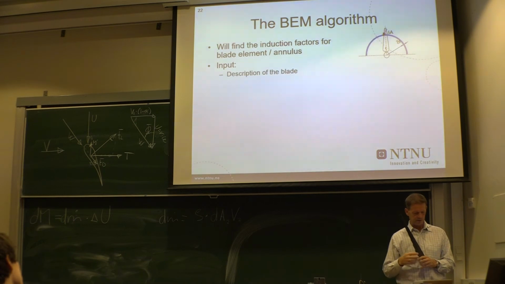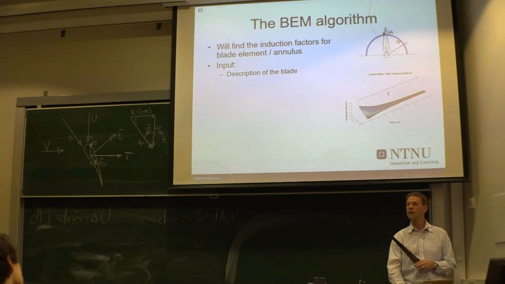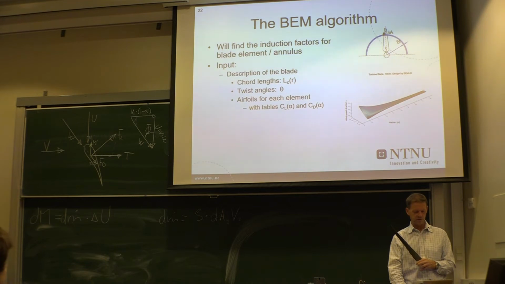The input factors are the description of the blade, and you already have a description of the blade from the first exercise. You have the chord length, you have the twist angles at different foils, and we have the airfoil for each element with CL and CD.